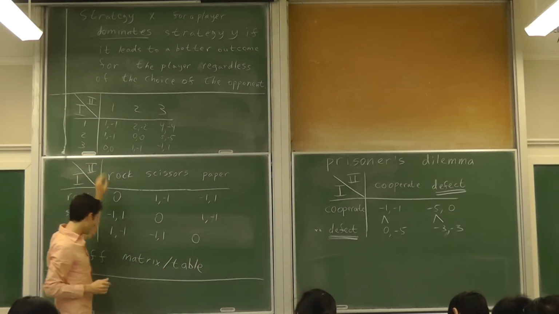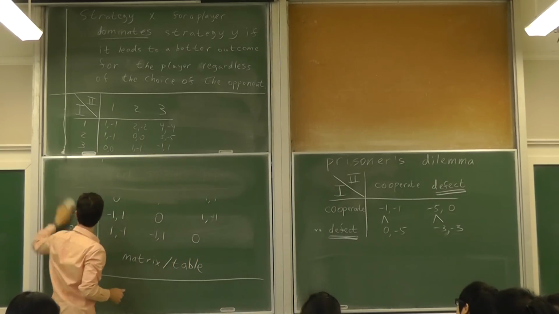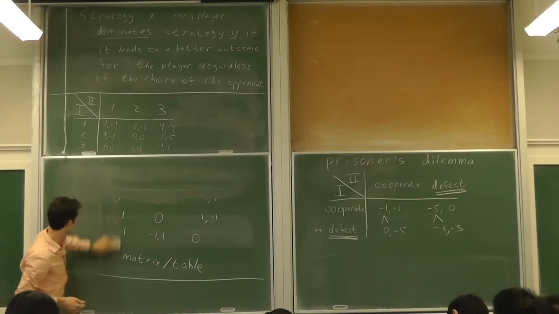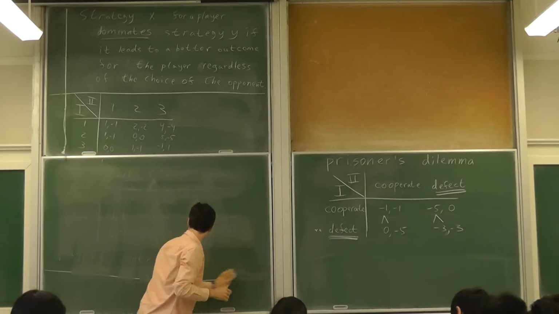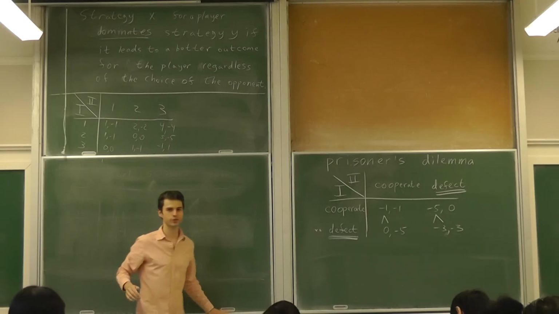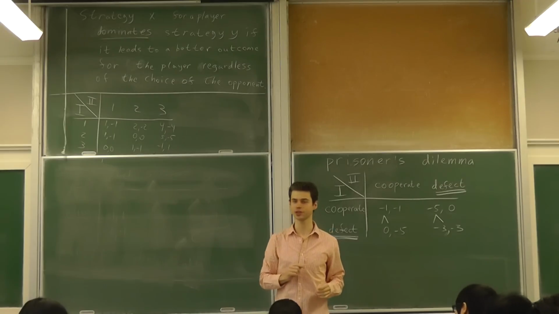So here's our new game. Once again, mathematically, this game is completely described. The game is played as follows. Each one of the players chooses one of the three numbers, 1, 2, or 3.